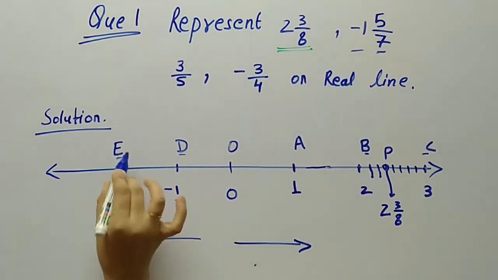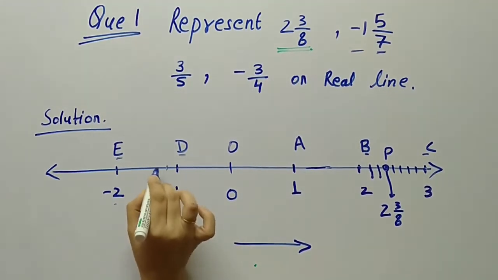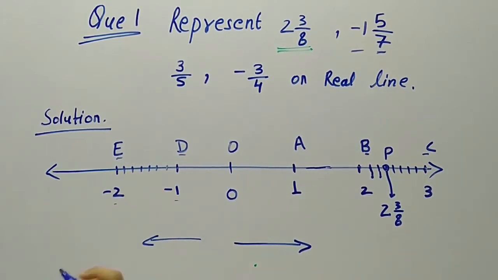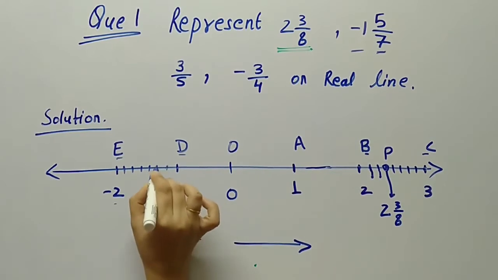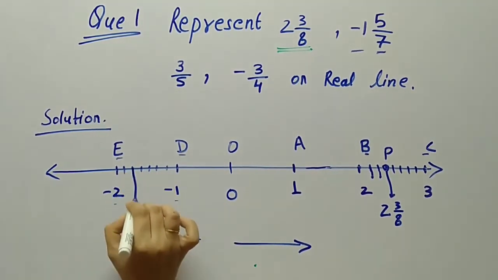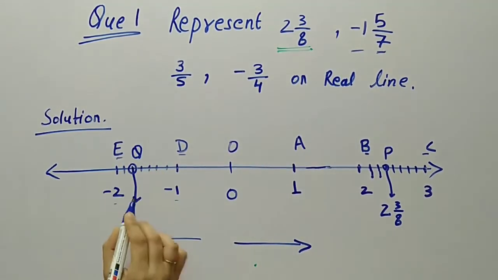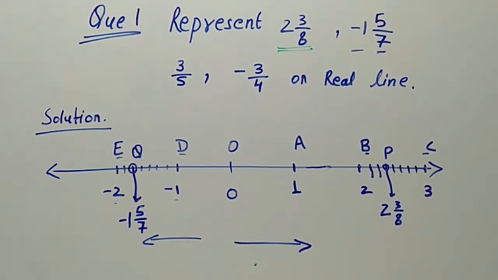So to divide DE in 7 equal parts, we will make 6 lines. So 1, 2, 3, 4, 5, 6. We will start counting from here. 1/7, 2/7, 3/7, 4/7, 5/7. So this particular point, we will name it as Q, will be minus 1 5/7.